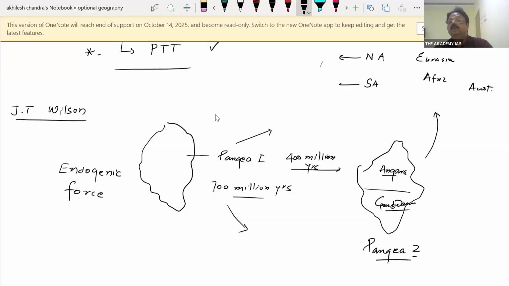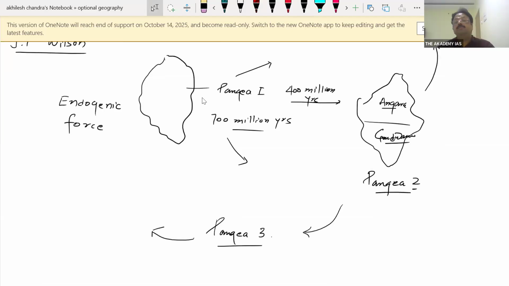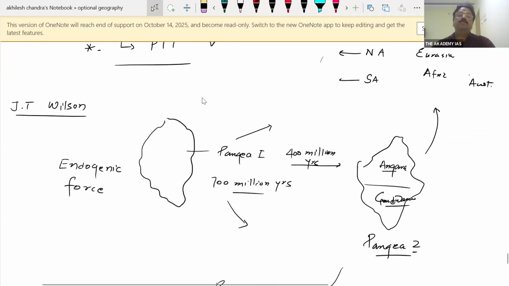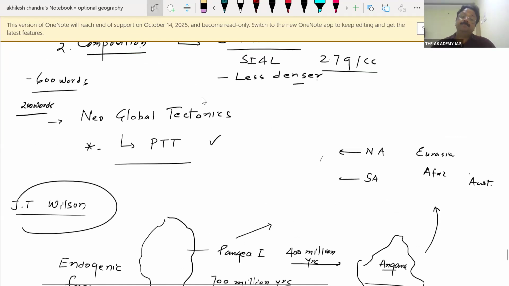Eurasia, North America, Africa, South America, Australia again come together and there will be formation of Pangea 3. Again it will break and drift will be there. There will be new ocean formation, and this process of drifting of land will go on, which is what is called the Wilson cycle. Is it understandable?